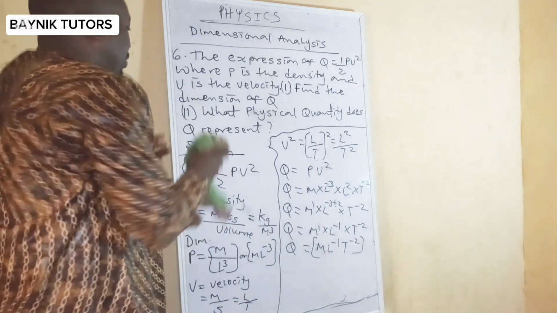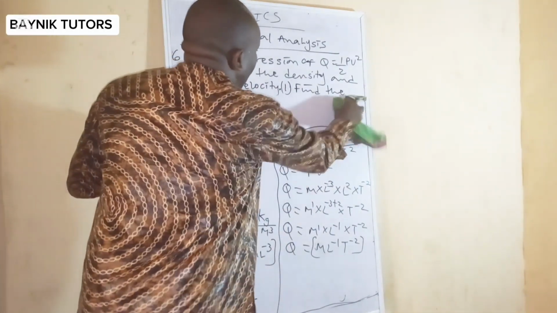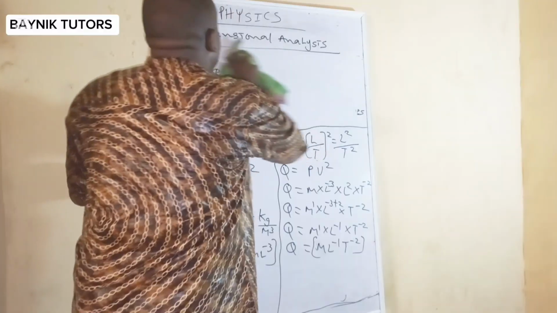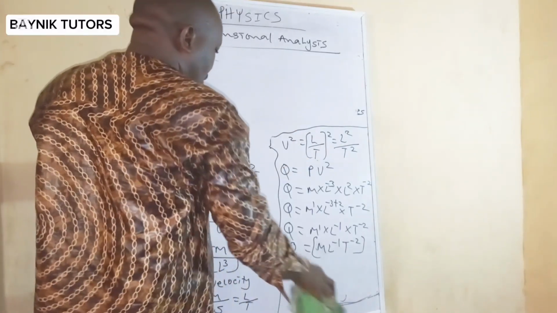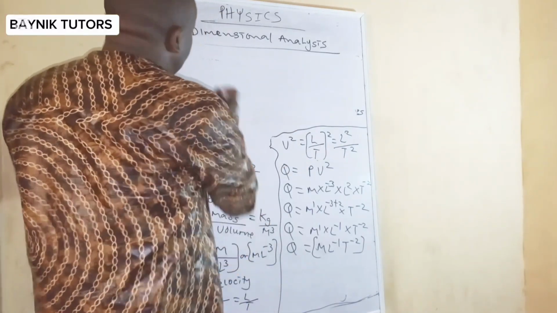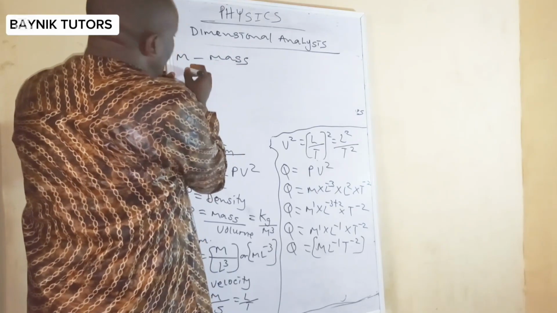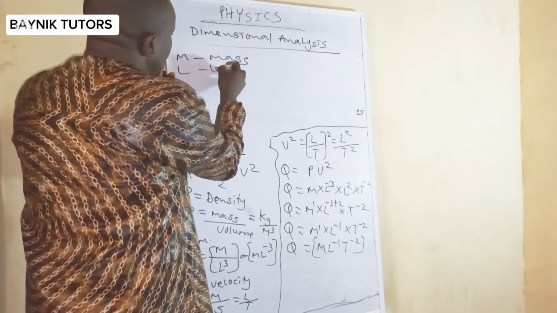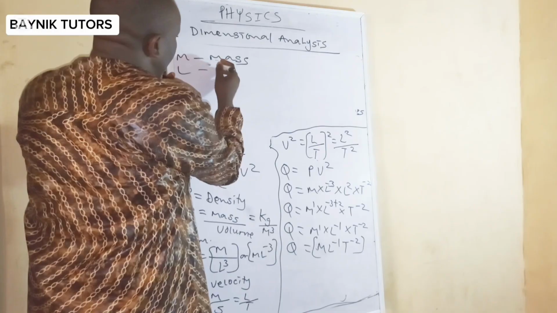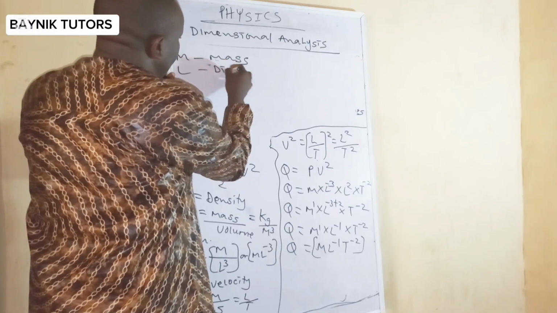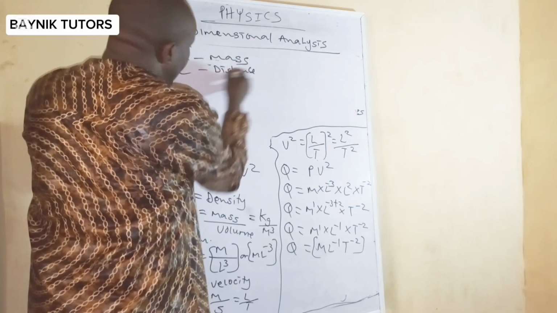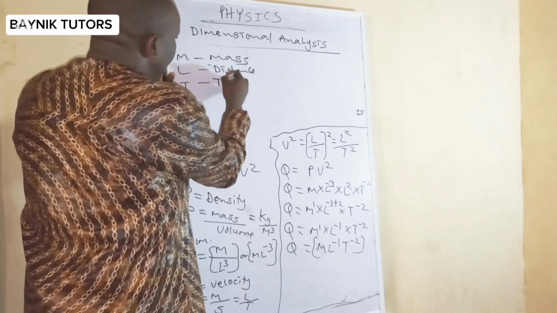Let's confirm pressure first, because M means mass, L means length, or distance, and T means time.